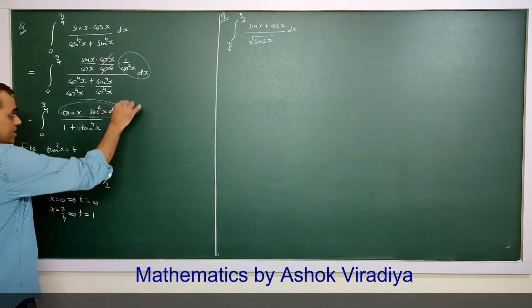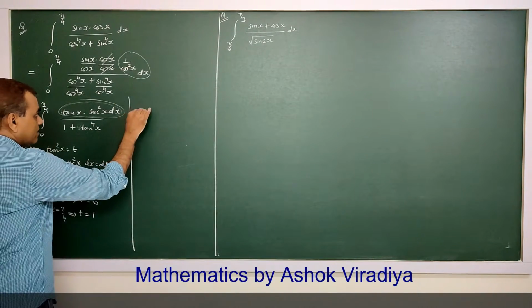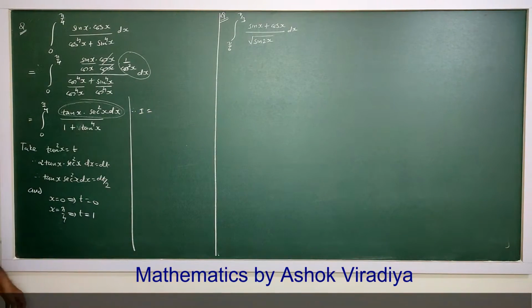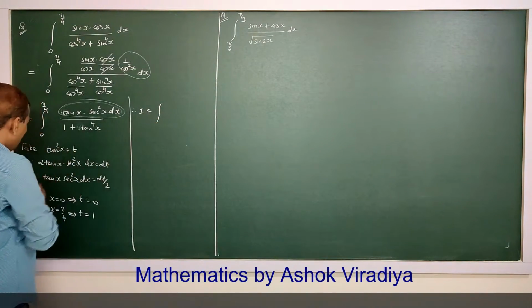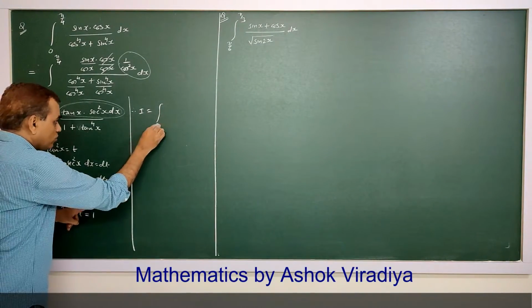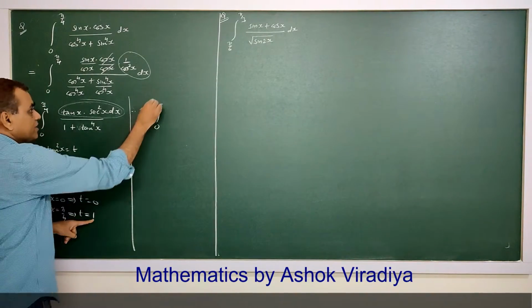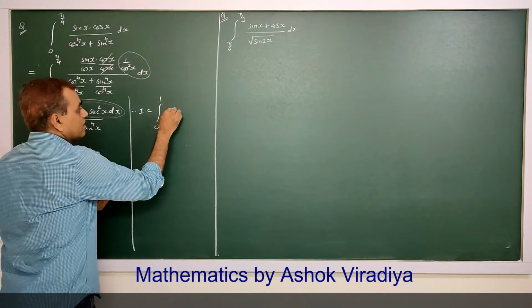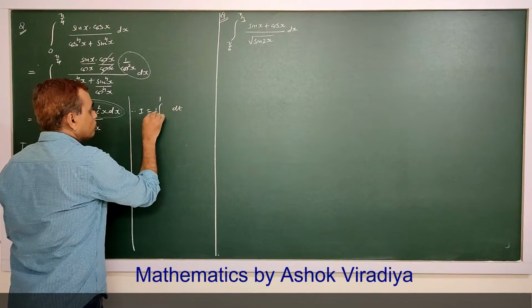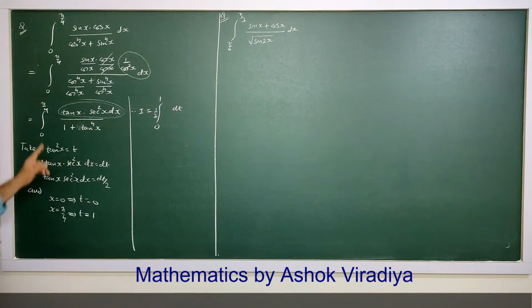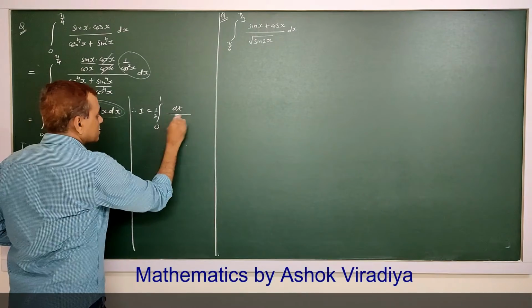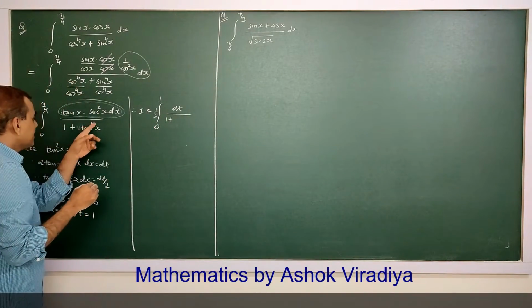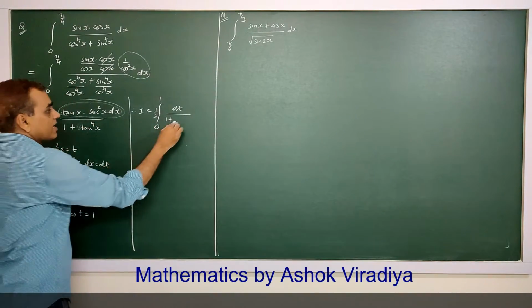So therefore the integral is 0 to 1, dt upon 2, and here 1 plus tan raised to 4, that is t square.